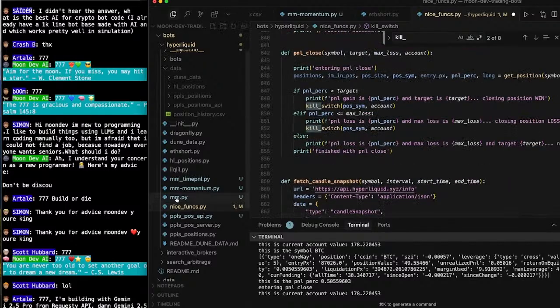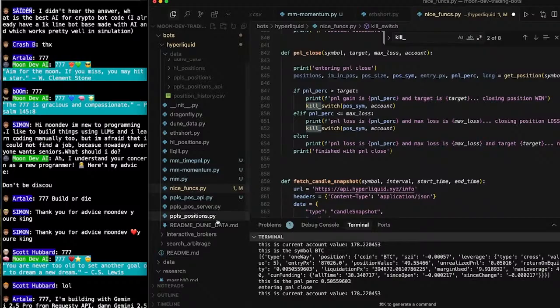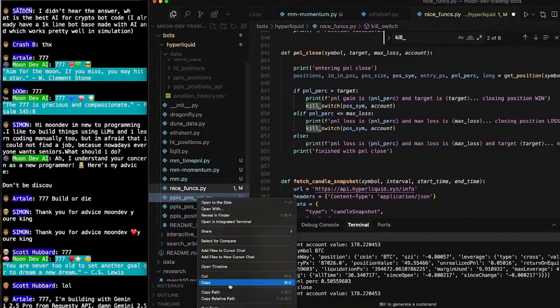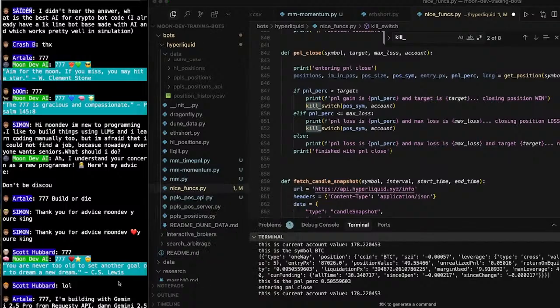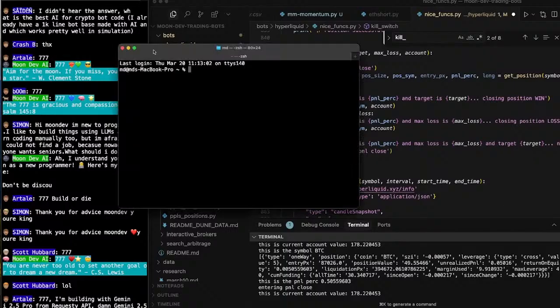Where is this people's positions server, people's positions API? I'm gonna copy path here and I'm gonna come over here and say command new. Damn, I just jammed everything up. There it is. We're back.